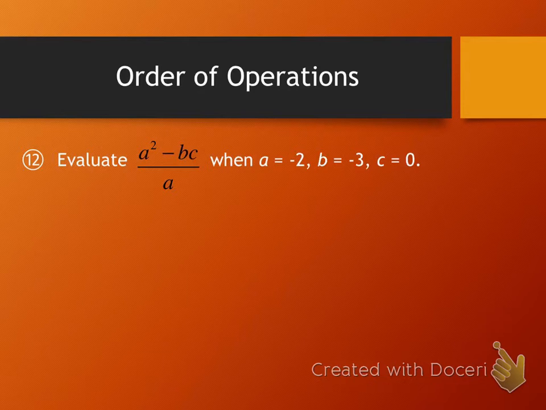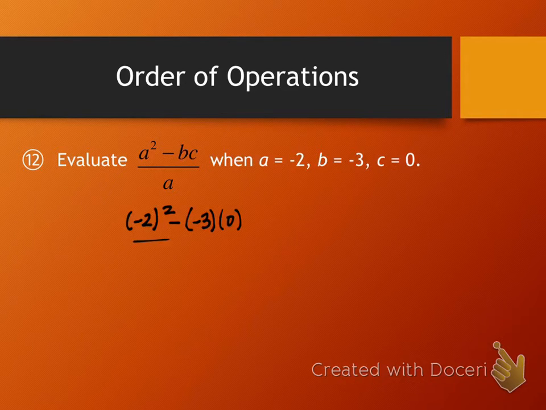So my A is -2, my B is -3, and my C is 0. So if A is -2, I have -2 squared. And then I have a subtraction sign for B, and B is -3, so inside parentheses I put my -3. C is 0. Zeros are really wonderful and friendly for the most part because they just cancel everything out.